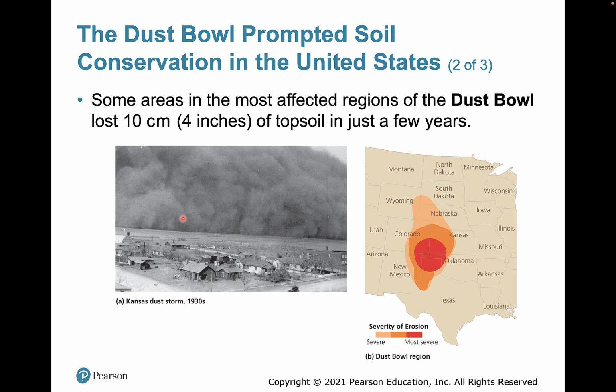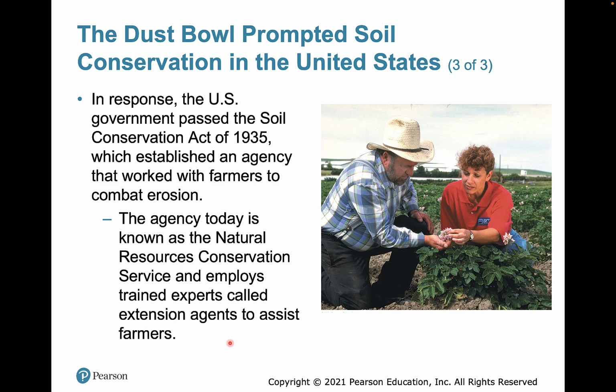They lost 4 inches of topsoil in this orangey red area in just a matter of 5 years, and that caused some major changes to our policy. In response, in 1935, we passed the Soil Conservation Act, which set up agencies that work with local farmers to help them deal with erosion.